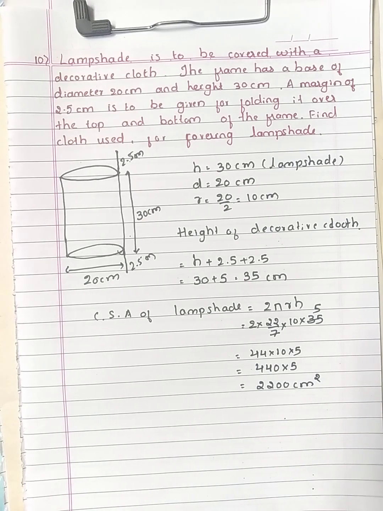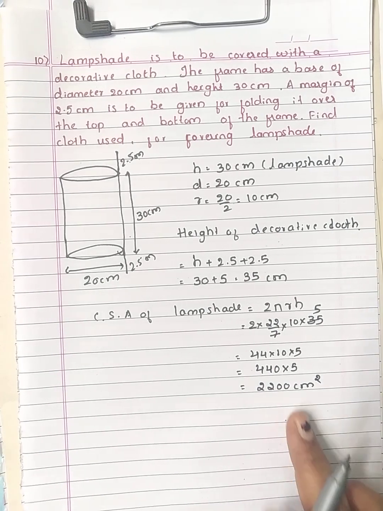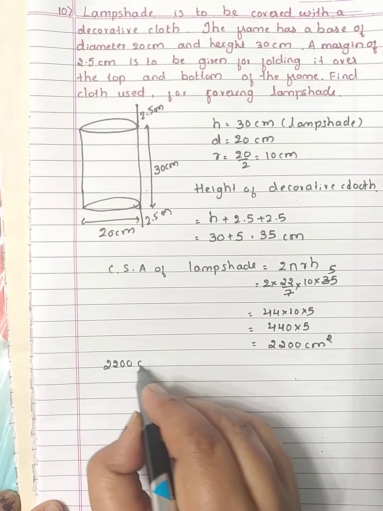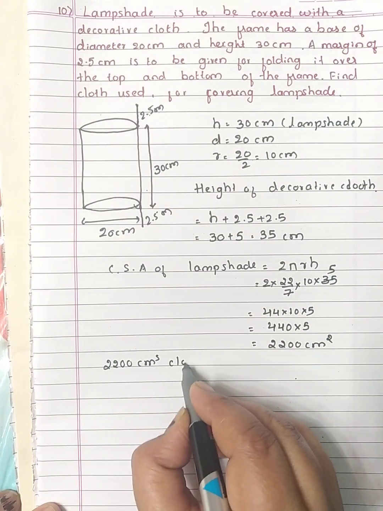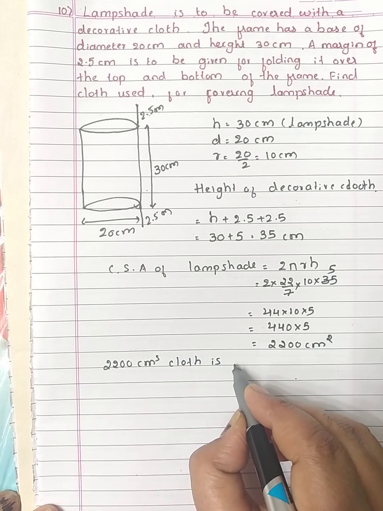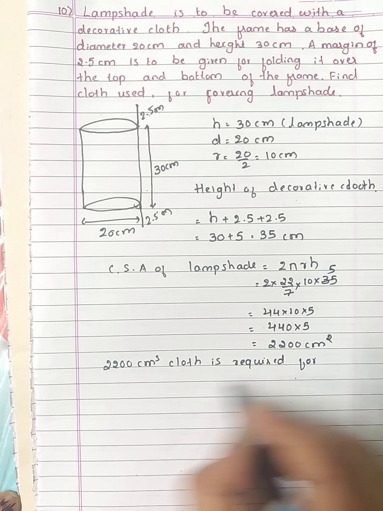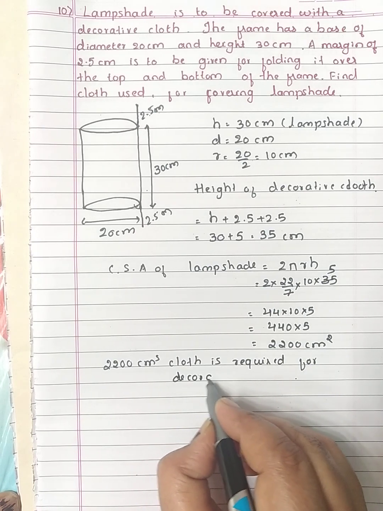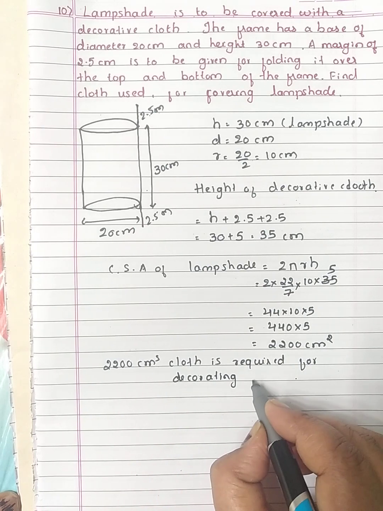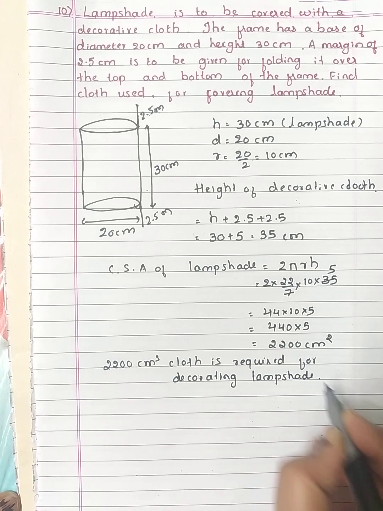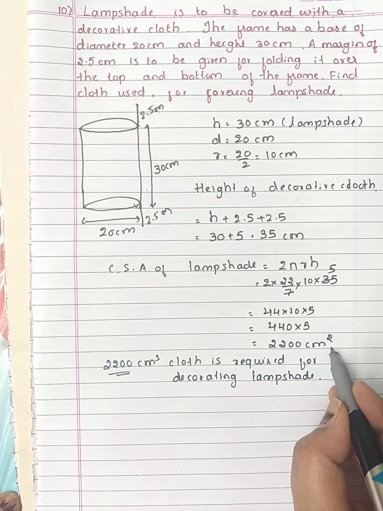So 2200 centimeter square cloth is required for decorating the lampshade. So this is the final answer.